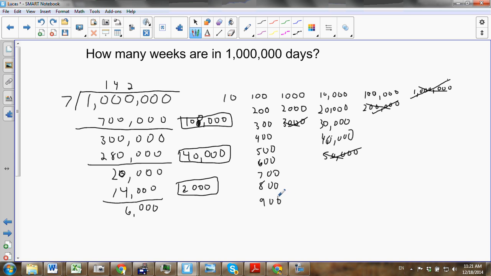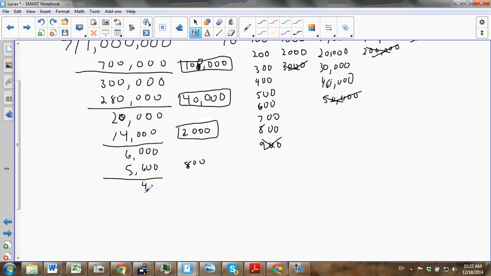Too many. So we're going to take out 800 of them. And this is work that you wouldn't write all down, it's just mental work that you'd be asking yourself. So 800 sevens is 5,600, and we're left with 400.